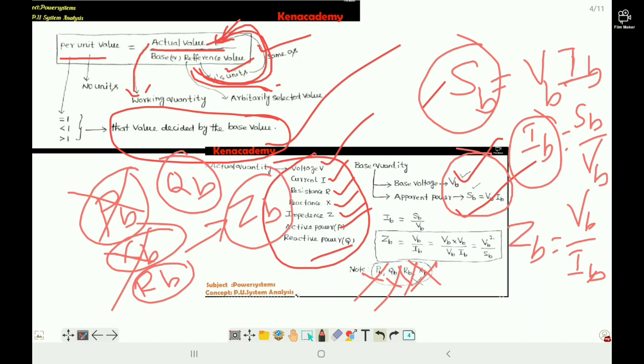Base is the impedance, not the resistance, not the reactance, even though you are calculating per unit reactance and per unit resistance. A very, very important point, students. These points are mainly important during the representation of various electrical parameters in per unit.